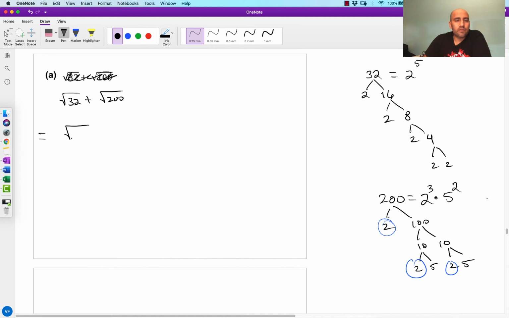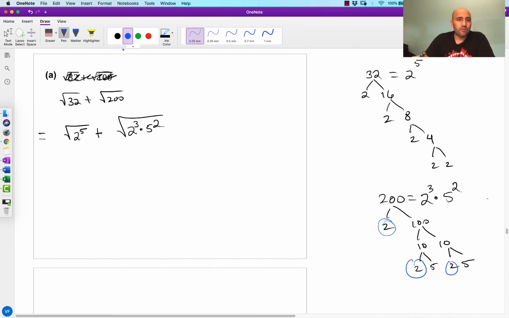Okay, so this is going to be the square root of 2 to the power of 5 plus square root of 2 to the power of 3 times 5 to the power of 2.